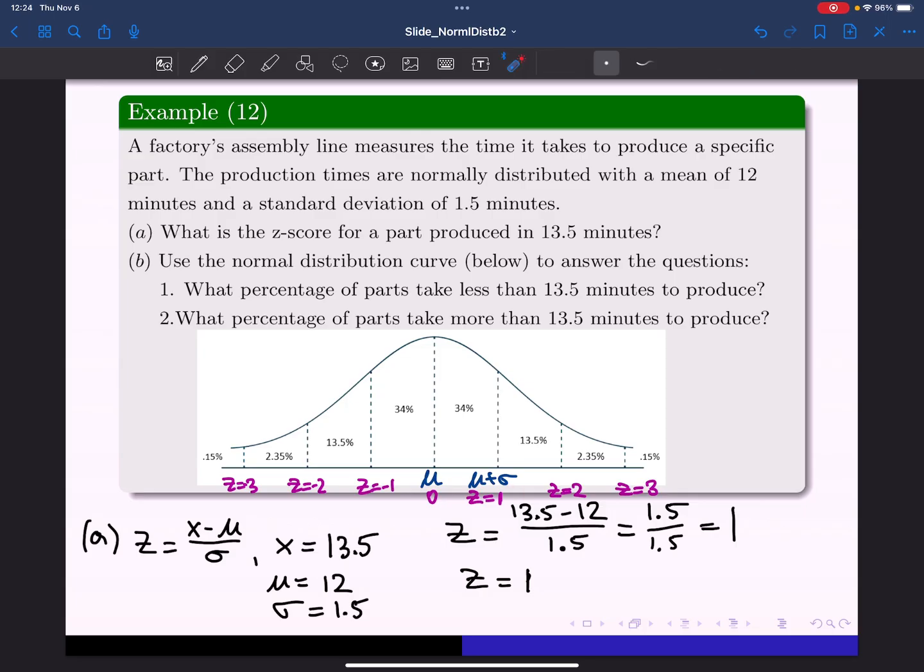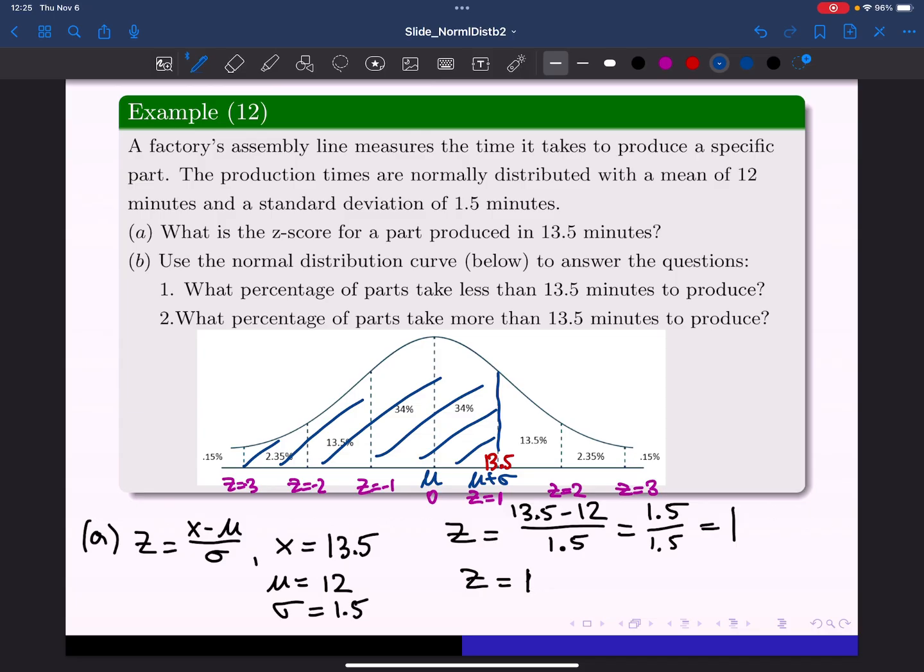So now, if we have z-score equal to 1, we can use this normal distribution curve to answer the first question, what percentage of parts takes less than 13.5 minutes? The 13.5 minutes z-score is 1, so my data would be right here, and I'm looking for the area that is less than 13.5, so I need to find all this area up to this point.